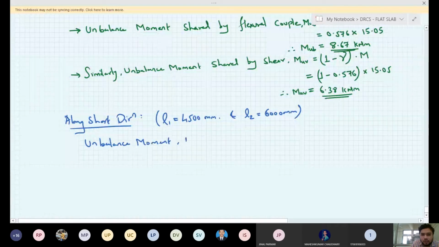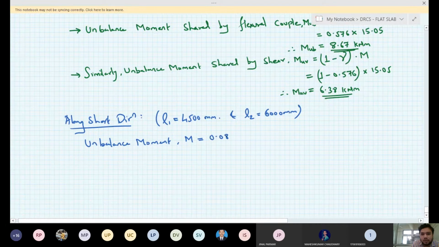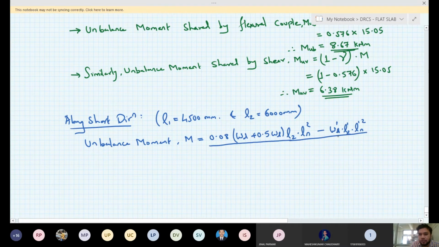along the short direction, M is equal to 0.08 WD plus 0.5 WL minus WD dash times L2 ln square minus WD dash L2 dash times ln dash square, whole divided by 1 plus 1 by alpha c.